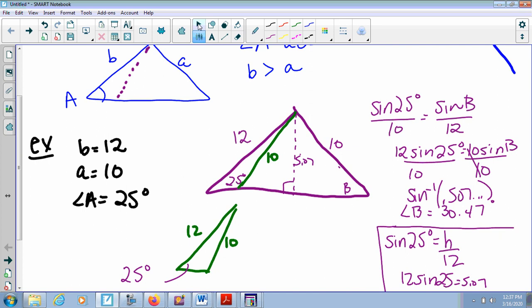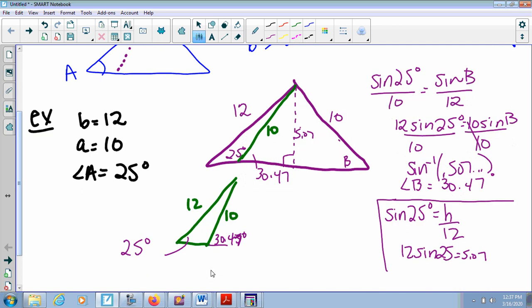Alright, so now we know that angle B, when we draw the triangle this way, is 30.47. Since this little one on the inside is isosceles, then also this is 30.47, which is the angle that's right outside of the one that we're looking for here. So we can just subtract from 180 to get the obtuse angle that we'd be missing in our secondary triangle.